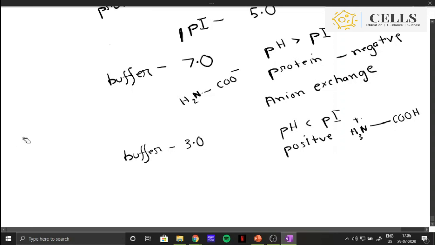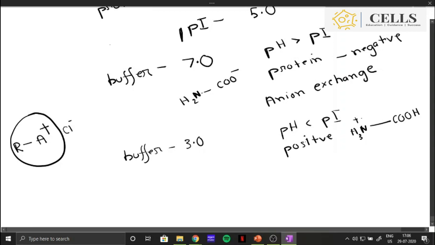Okay, so in anion exchange chromatography, it is just the reverse thing. You have a resin, in our case it was bound to an ion that has negative charge, but in anion exchange chromatography it will be bound to a positive charge. For example, normally it is bound to Cl minus.